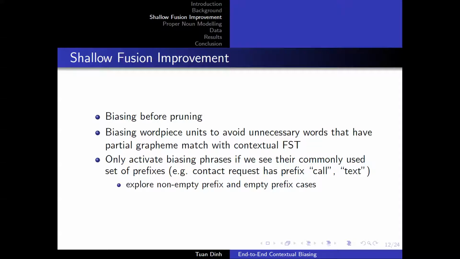And the biasing is only activated if we see a commonly used set of prefixes, for example, a contact request has the prefix call or text.